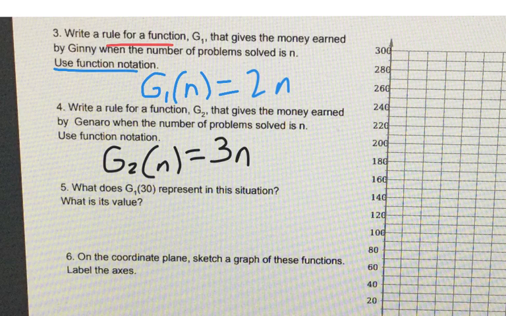5. What does G sub 1 of 30 represent in the situation? 30 problems done by Jenny? You're close. Jenny did work 30 problems, but what does G sub 1 of 30 represent? It's the money earned, right?